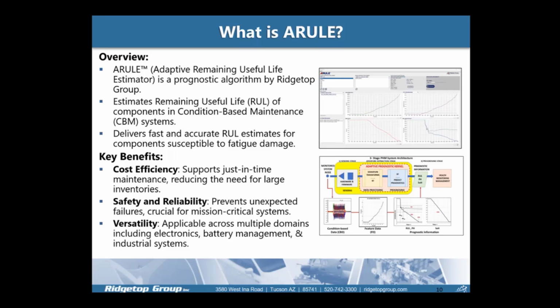The technology history and development of ARULE took several years, and some of the original R&D was done with research projects through the SBIR program, or Small Business Innovation Research Program, with NASA and NAVAIR.